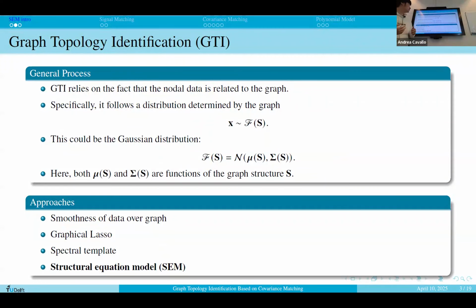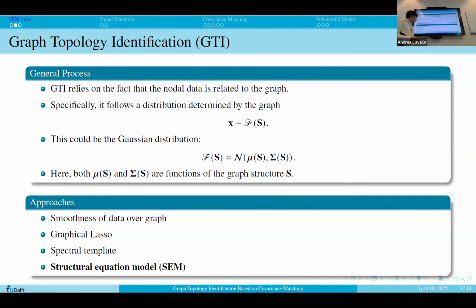After we get a lot of data, we want to infer what S is. Usually we have some assumption on F. For example, it can be a Gaussian distribution. If it's Gaussian, we just need to know the mean and the covariance, and the mean and the covariance are both determined by S.